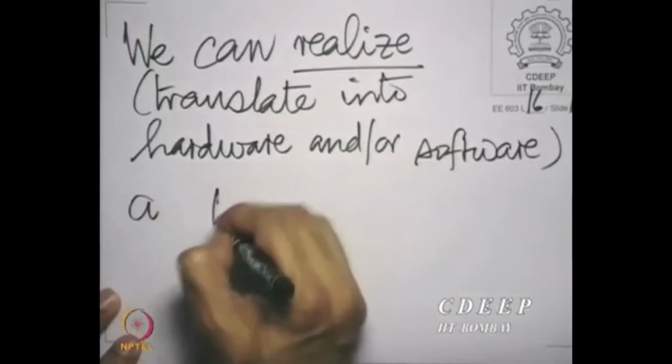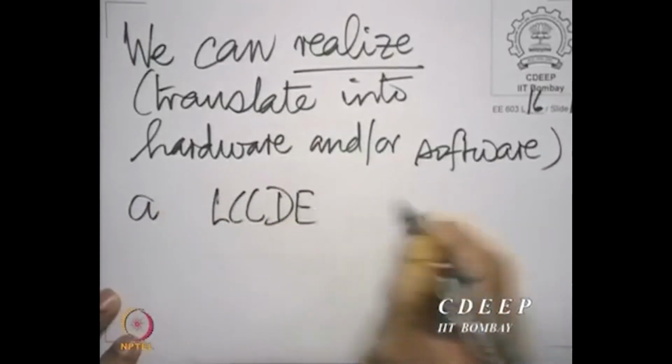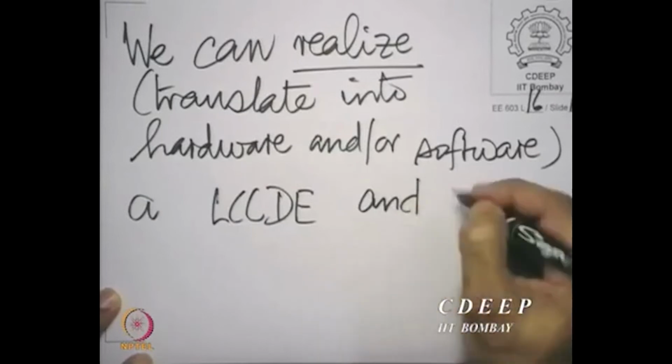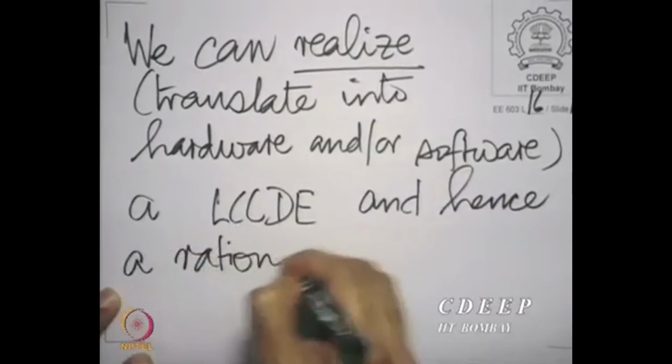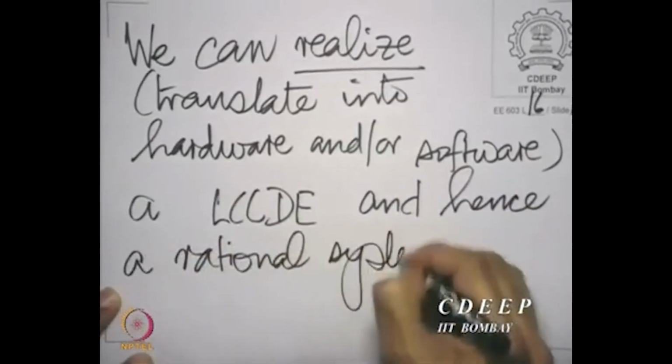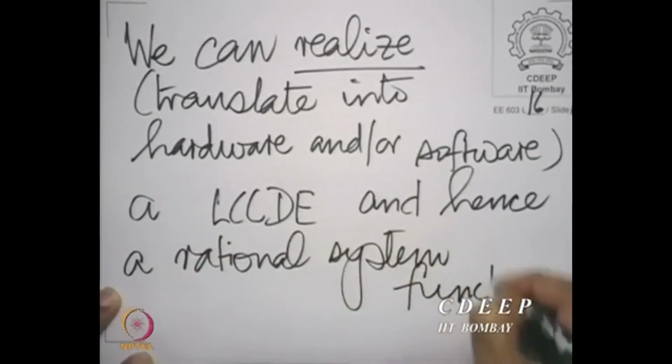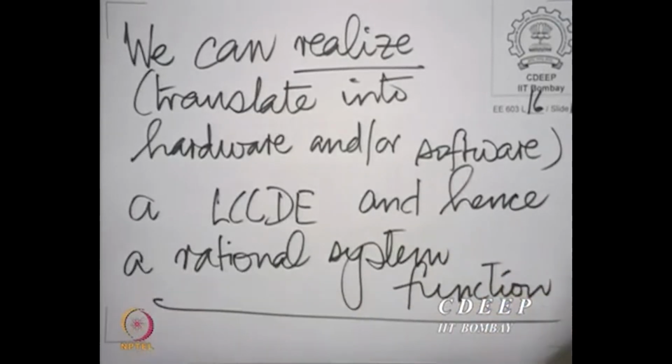A linear constant coefficient difference equation, and hence a rational system function. A rational system function is realizable. It is realizable because you can use a finite amount of hardware and software to translate it into an implementable structure.